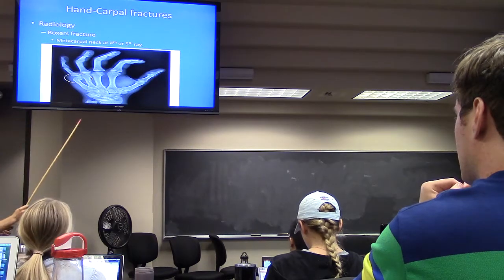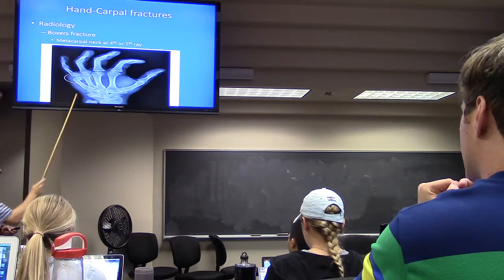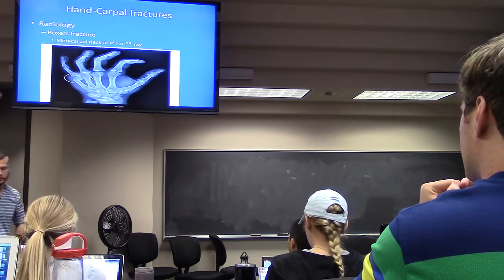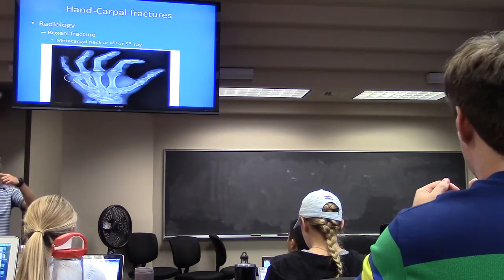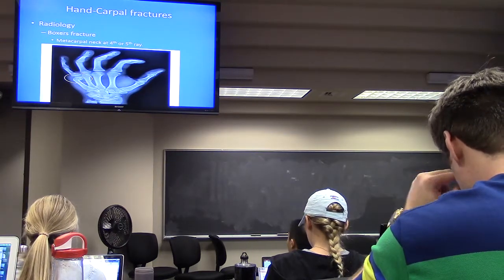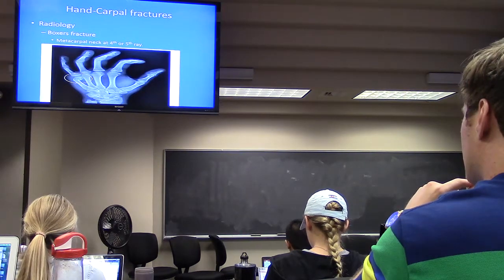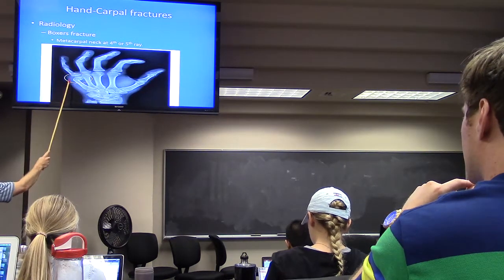Shortening, I don't know if we discussed that in our fracture morphology when we first talked about it. Shortening is when you have two bony segments that normally align like this, then overlap each other, and that segment becomes shorter. So we just call it shortening. That's what's happening right here.